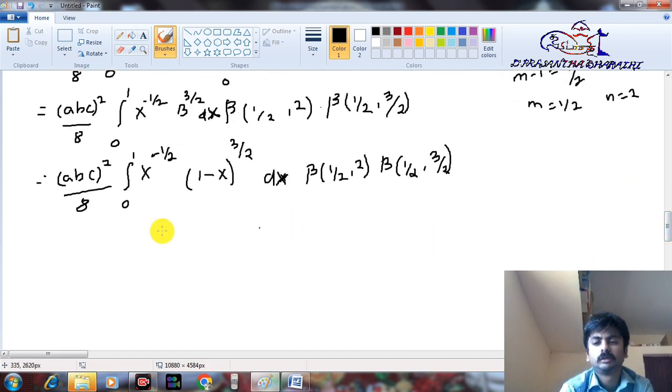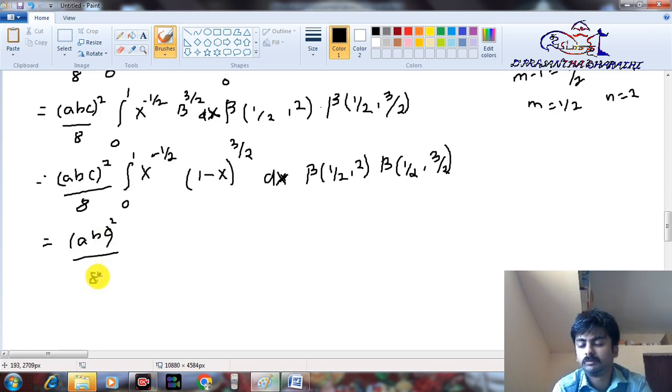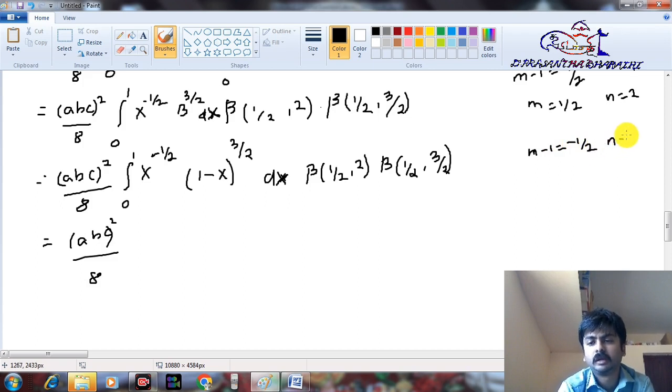we will have (abc)^2 by 8 of x power m minus 1 minus x whole power minus 1. So m minus 1 equal to minus 1 divided by 2, and n minus 1 equal to 3 by 2.